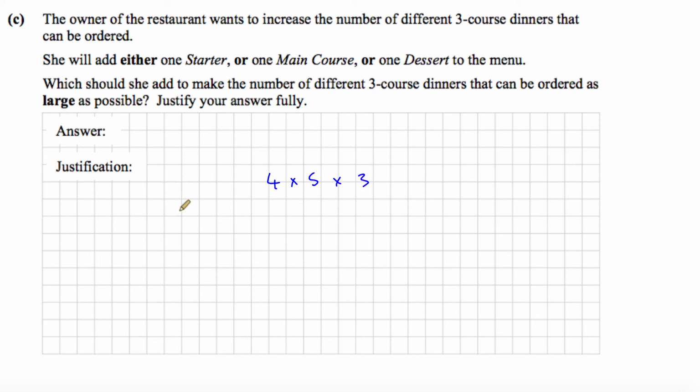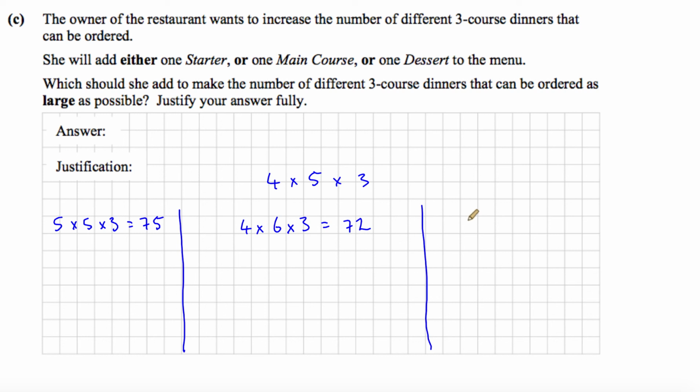So we're going to look at the 3 different scenarios. If we increased the number of starters, it would be 5 starters, 5 mains and 3 desserts, which gives us 75 combinations. If we increase the number of main courses, there would be 4 starters, 6 mains and 3 desserts, and that gives us 72.